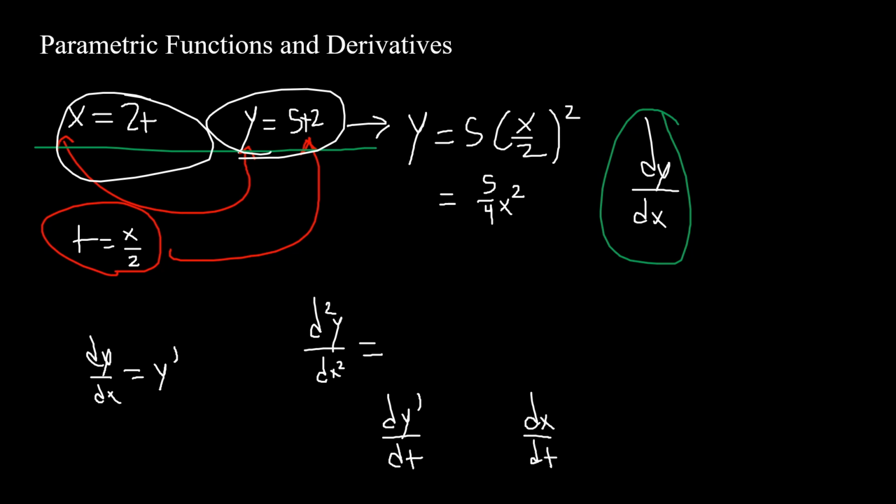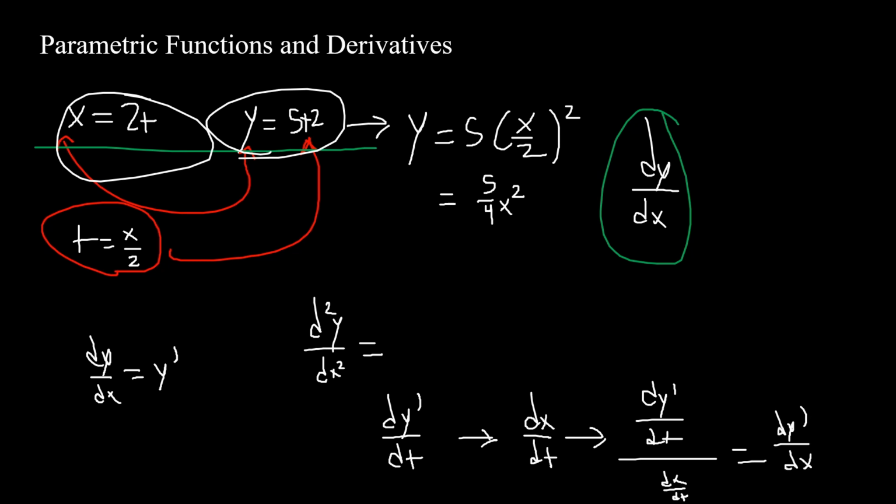If we use both of these, we get dy prime over dt divided by dx dt is equal to dy prime over dx.